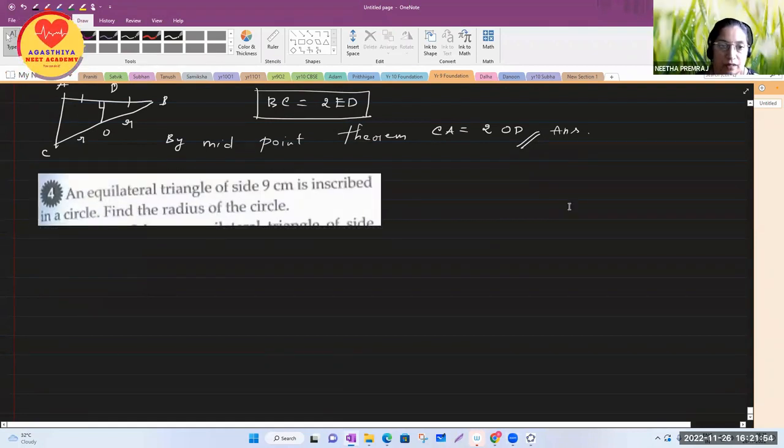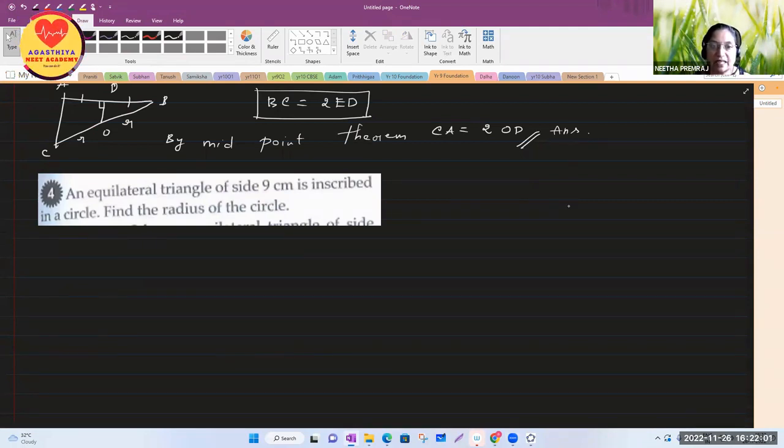Okay. An equilateral triangle of side 9 centimeter is inscribed in a circle. What do you mean by inscribed? Yes, guys, tell me. What does it mean, inscribed?